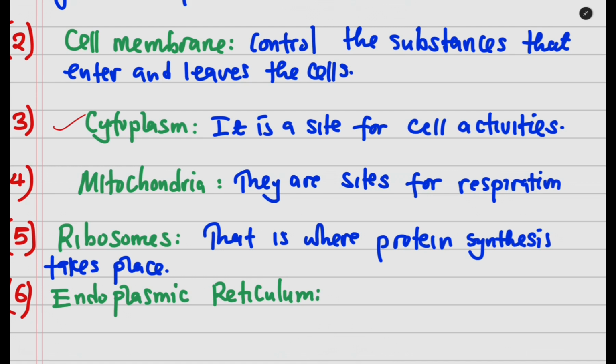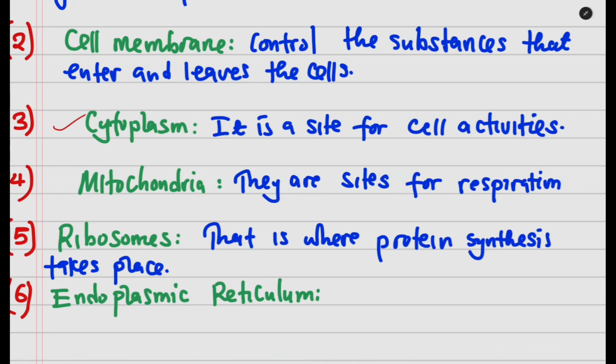Now, if they are the site for respiration, you know that respiration produces energy. So they are sometimes called the powerhouse. If you find the question, which part of the cell is called the powerhouse, just know that the part is called the mitochondrion, for the reason that I've explained.